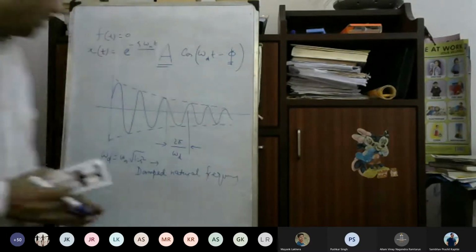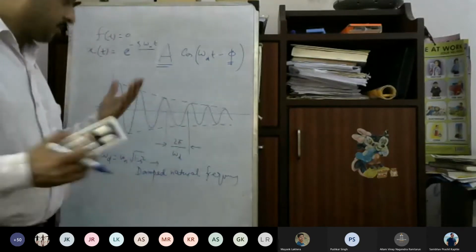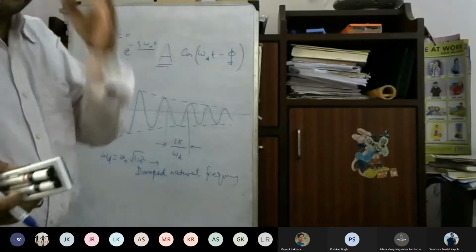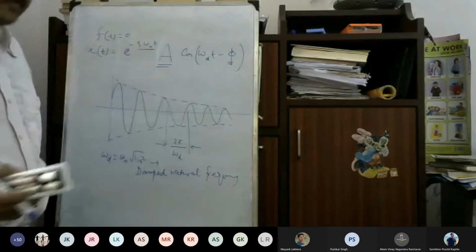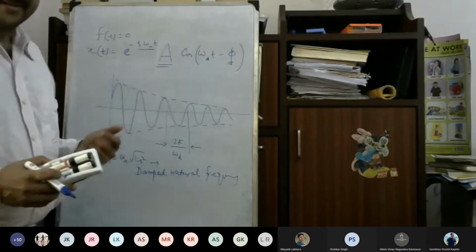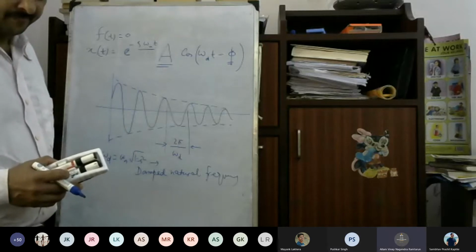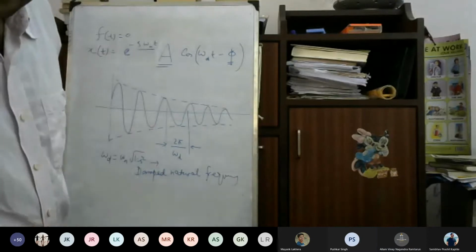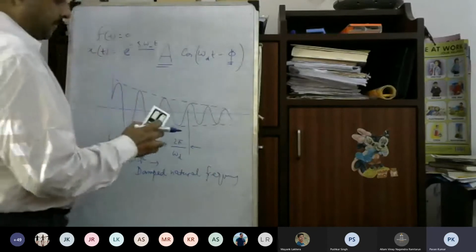So what will happen if you increase the damping? What effect do you get in the response? Can anyone tell? If you increase the value of damping, what will happen to this response? The time period will increase, like the wave will expand or stretch.